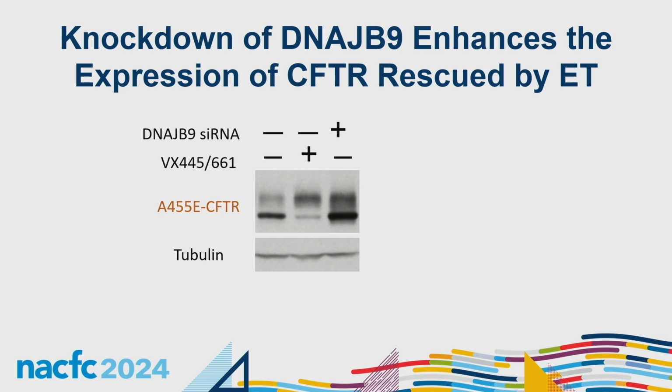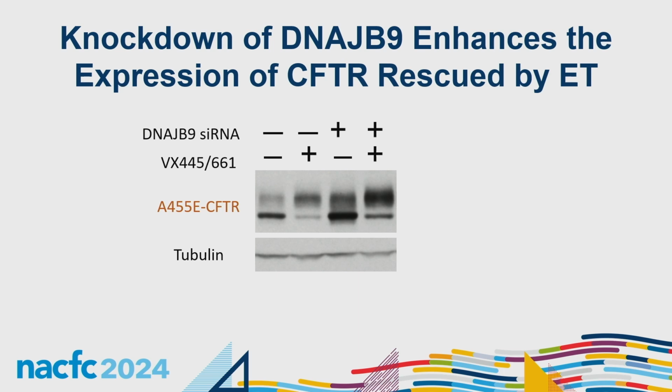One is the A455E CFTR. You can see that a single treatment, either VX-445 or knockdown of DNAJB9, can improve CFTR expression. And with the two different methods together, we can further increase CFTR expression.